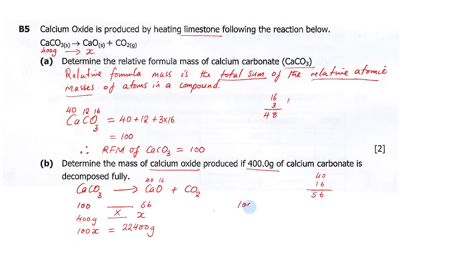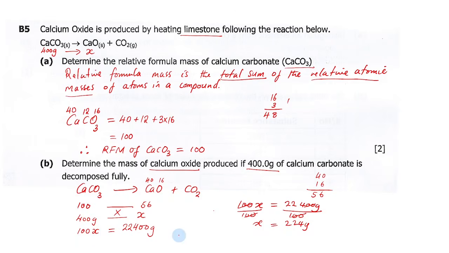So 100X is equal to 22,400 grams. I want to know X, so I divide by 100 on both sides, so that this one and this one go, and this one and this one go. So X will be equal to 224 grams. That will be the mass of calcium oxide.